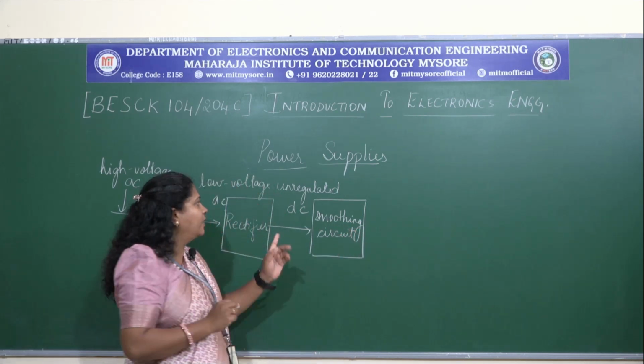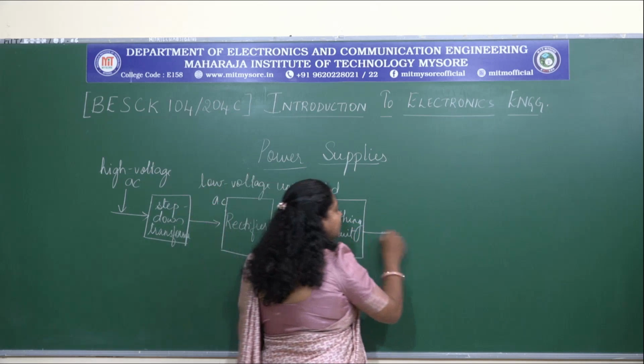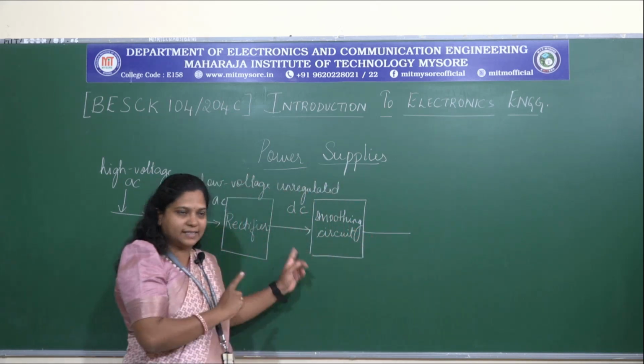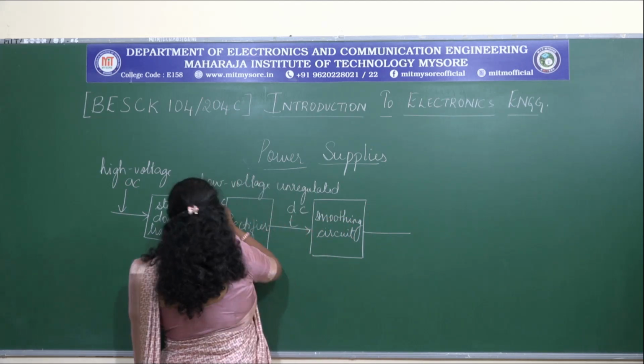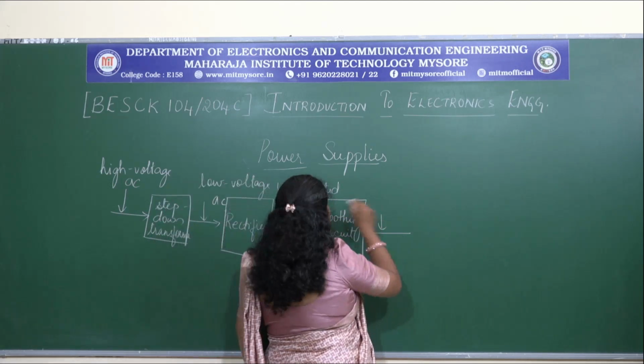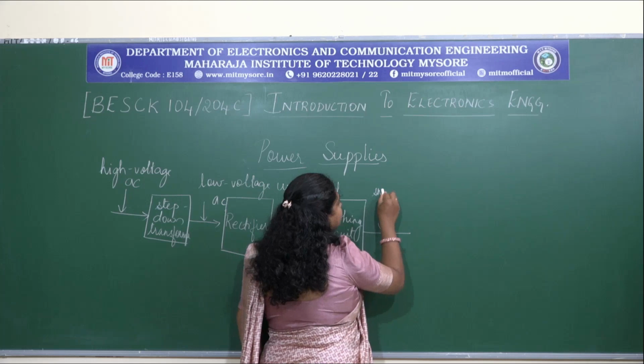We convert the unsmoothed DC to a smooth DC.